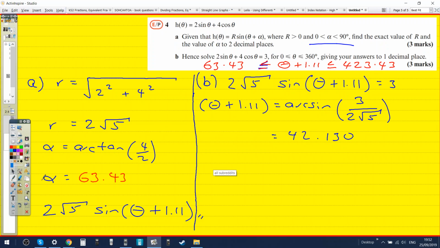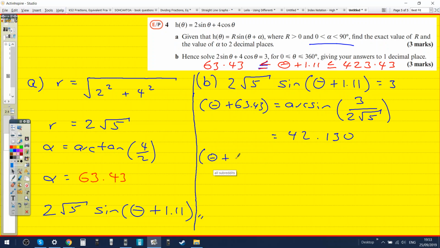And then 360 plus that is 423.43. Okay, so that gives us more answers. Our first answer was 42.13. How do you get a second answer? You do 180 minus that.